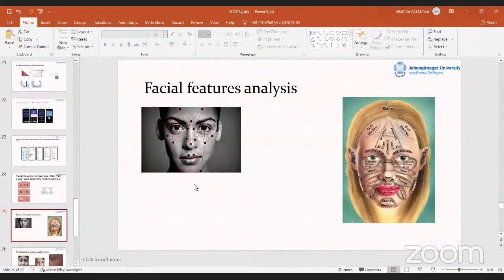This is collected from the internet. I'm sorry that I could not put the sources very much, but you can see here face and facial analysis in our Ayurvedic systems gives a pretty good result.